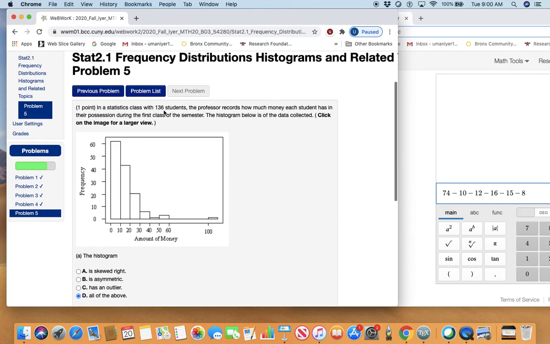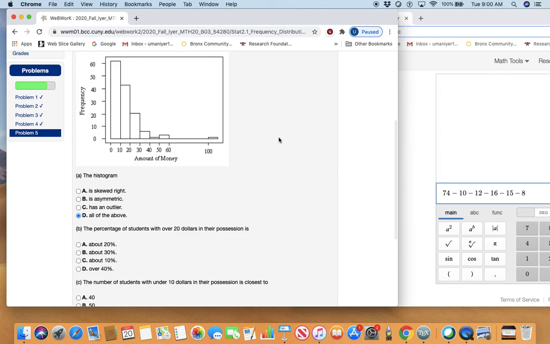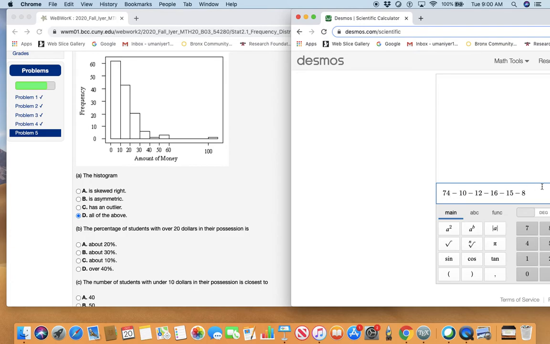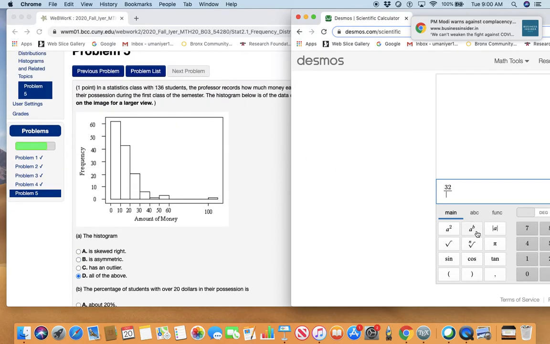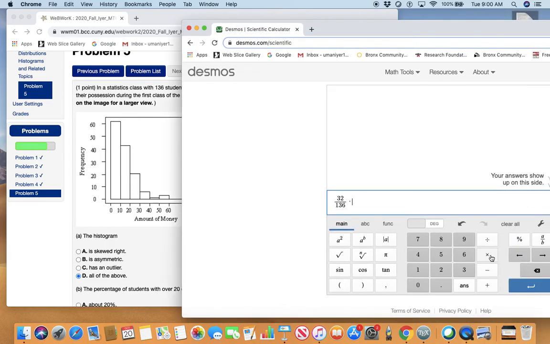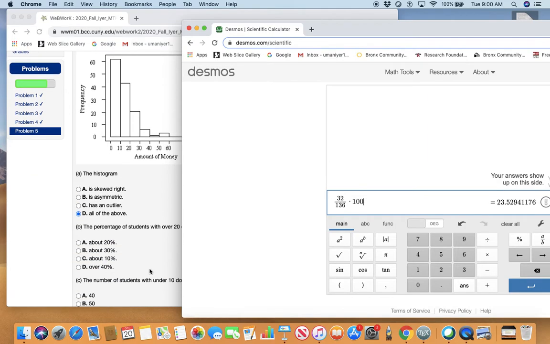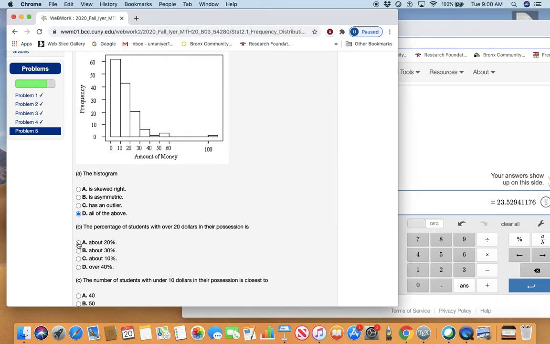And these were out of 136 students, right? So let's say 32 or so over 136 students. That's relative frequency, and you would multiply by 100 to get a percentage. So it's about 20% or 23%. So I would say about 20%. Okay.